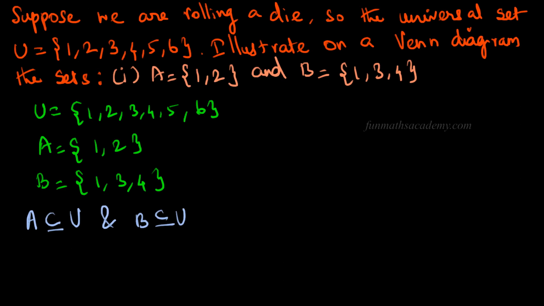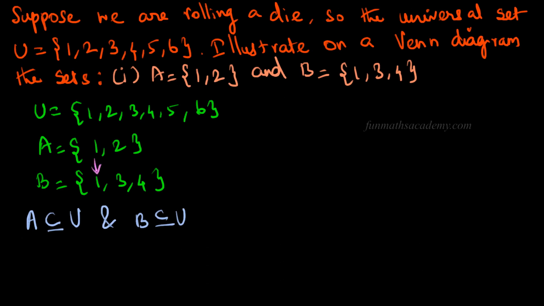One point to note is that when universal set is under consideration, every other set will be a subset of U. So, all you have to do now is check whether set A and set B are subsets of each other.